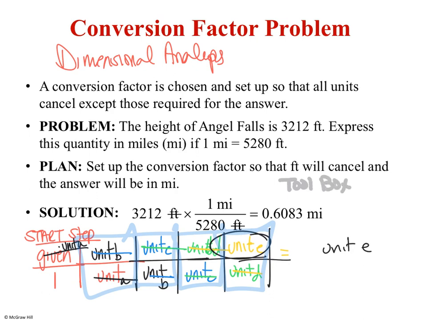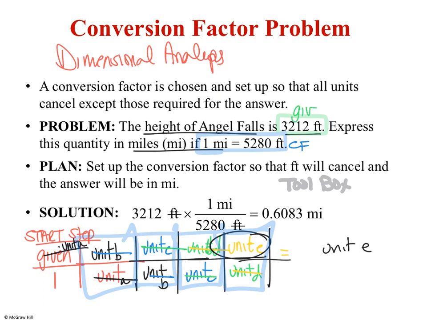So let's read the problem and see what we can do. The height of Angel Falls is 3,212 feet. Express this quantity in miles. That is your given. Do you see? That is a number with a unit, a measurement, feet. It is by itself. This is a conversion factor.